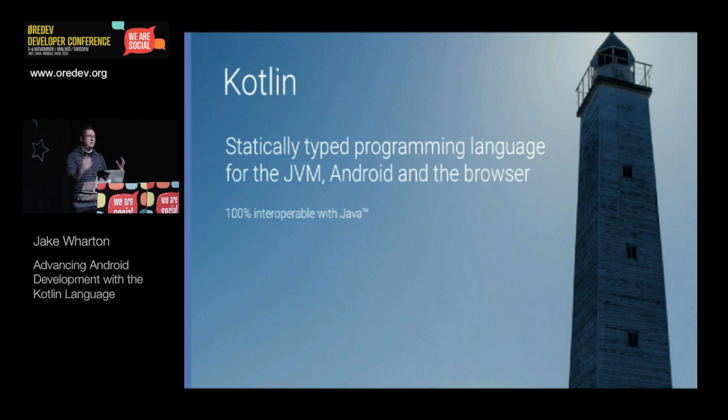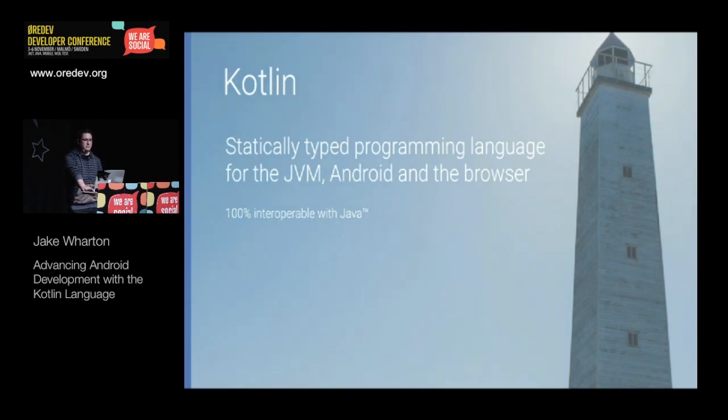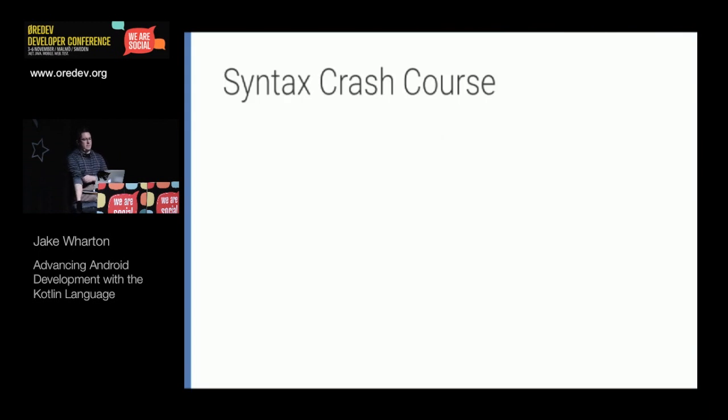They want to add these new features in the language while still supporting these markets of the Java 6 and up JVM, and obviously Android. And they focus heavily on interop with Java, so we'll see that a little bit later on. All right, I'm not going to cover a ton of introduction to Kotlin, the language, and the syntax itself.